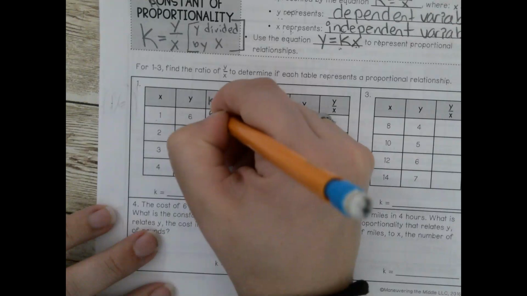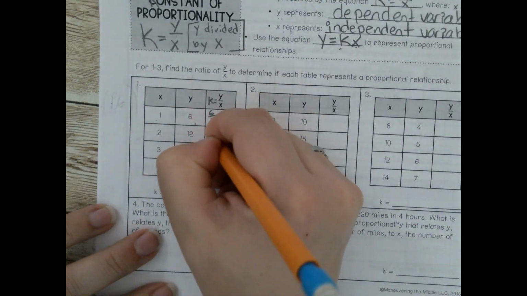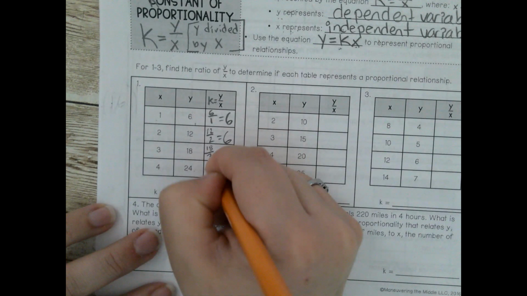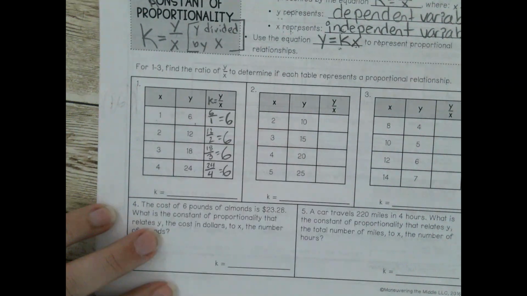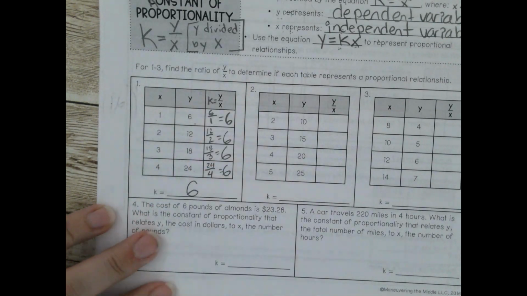So it would just be like this, or 6. 12 divided by 2? Still 6. 18 divided by 3? By 4? 6. So all of these are the same, which means the constant of proportionality is 6.